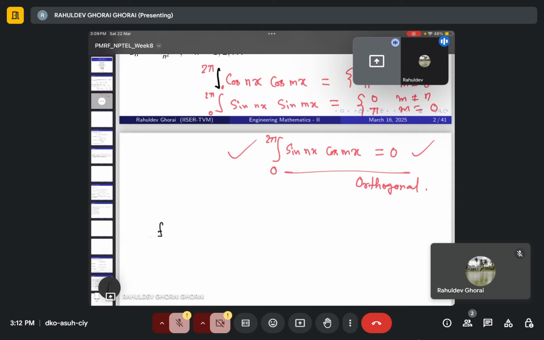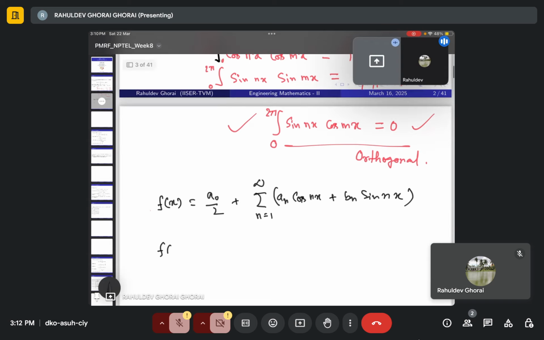You have f(x) equal to a naught over 2 plus the sum over n equal to 1 to infinity of an cos nx plus bn sin nx, right? You have this. So how to evaluate?